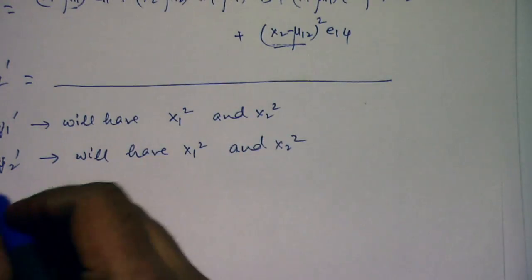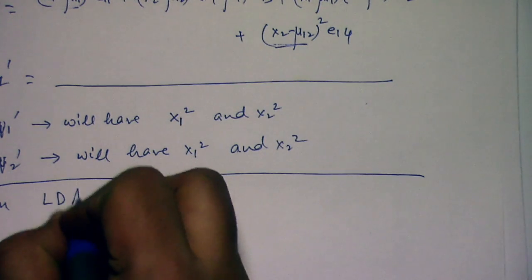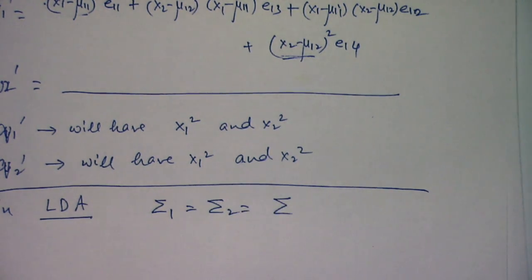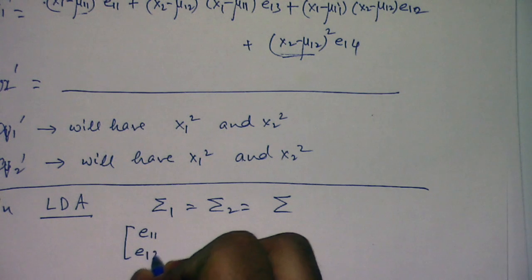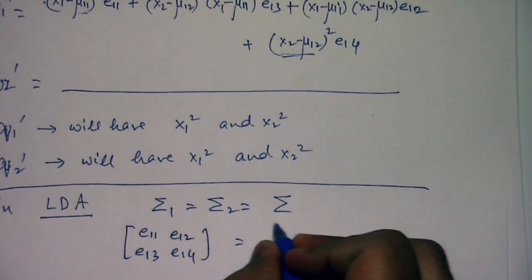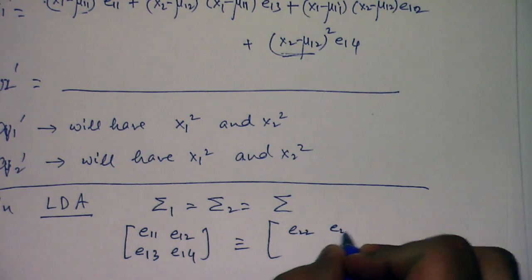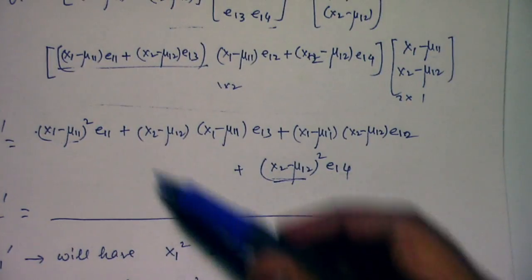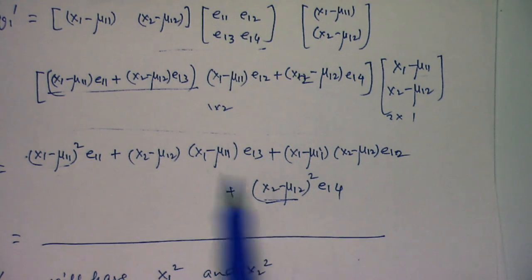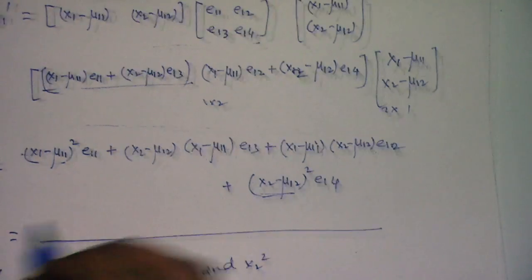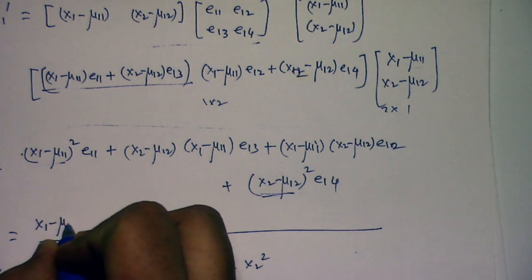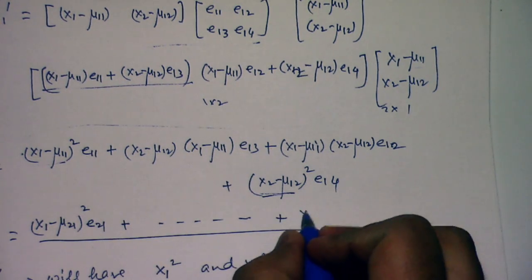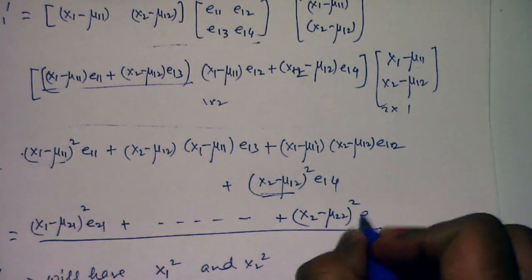But what happens with LDA is, in LDA, things are very similar, except that your sigma 1 is equal to sigma 2 is equal to some sigma, which means that your E11, E13 are equal to E21, and so on. That will mean that when you expand these terms, let's ignore the non-quadratic terms, but in q2 prime you will have (x1 minus mu21) square e21, plus all these linear terms, plus the same thing like here, (x2 minus mu22) square e24.